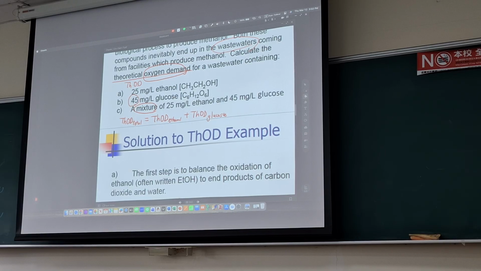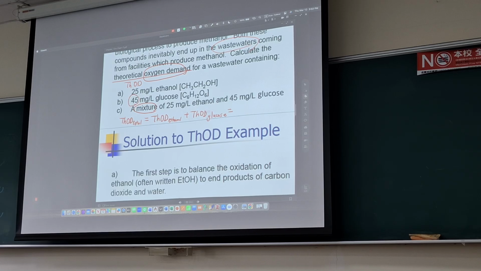Understand? So THOD is linear. So you can add up linear. Understand?